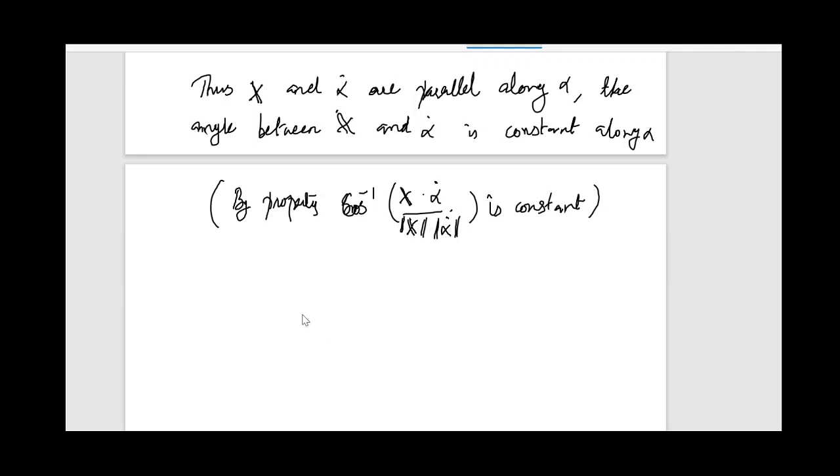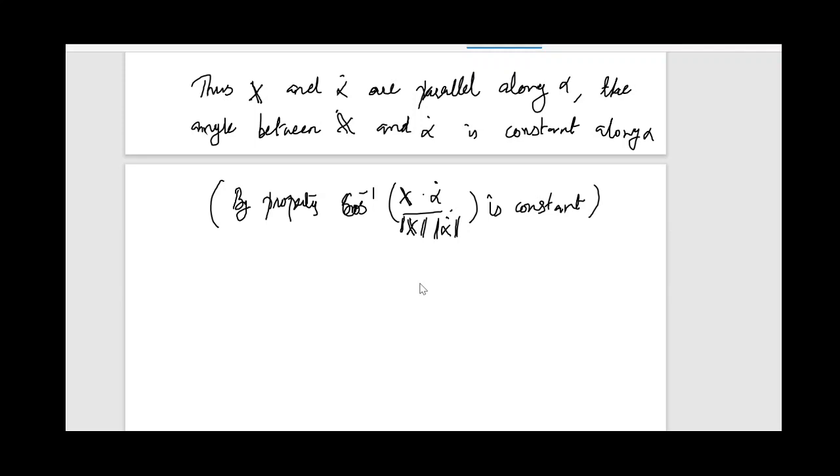Now conversely, we want to assume that both norm X and the angle between X and alpha dot are constant along alpha, and we want to prove that the vector field X is parallel along alpha.